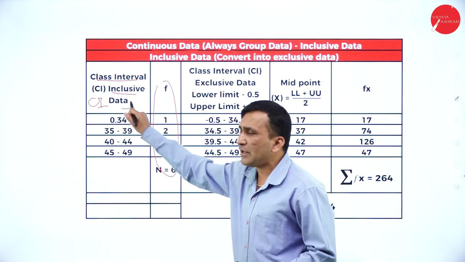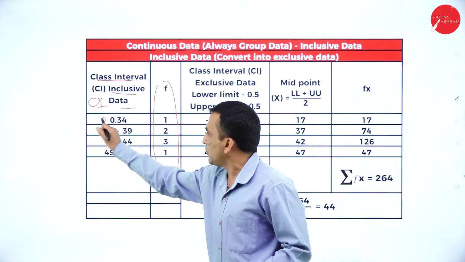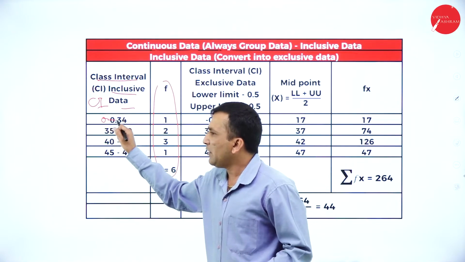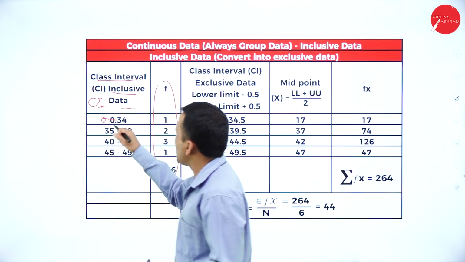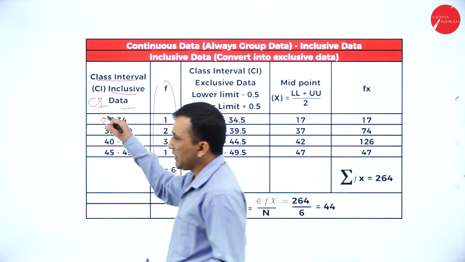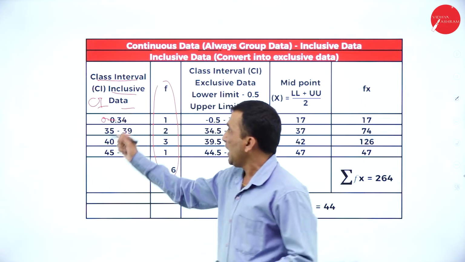When they give inclusive data, we have to convert it into exclusive data. So how is the class interval given, with lower limit and upper limit, 0 to 34? Whenever the upper limit of the first class is not carried to the lower limit of the second class, I can easily say it is inclusive data.